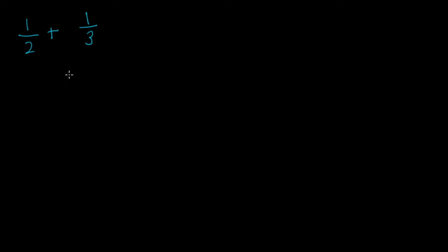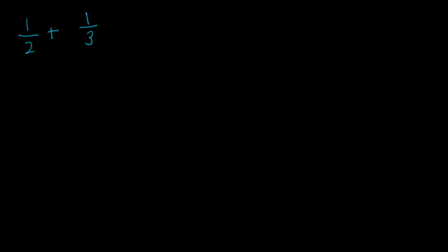Because if we come down here and say, okay, 1/2, and I want to get something out of 3, we can't really multiply anything super easily without getting weird fractional multiplication to get from 2 to 3. Same thing, we can't really get from 1/3 to something out of 2 super easily. So this strategy doesn't actually work every time, as we see.